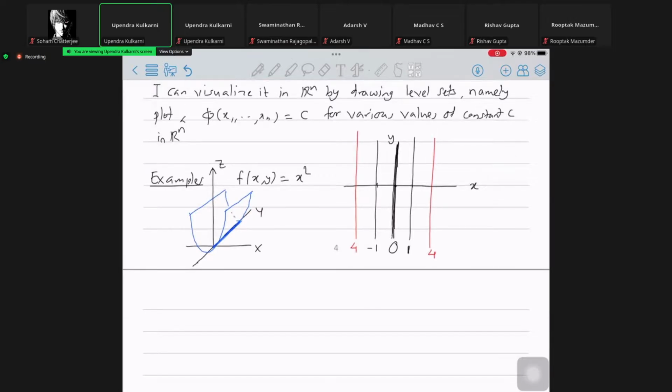What if I take the second, which is f of x, y equals x square plus y square, and what will be the level sets here? Circles. Exactly. Circles centered at the origin, at 0, 0.